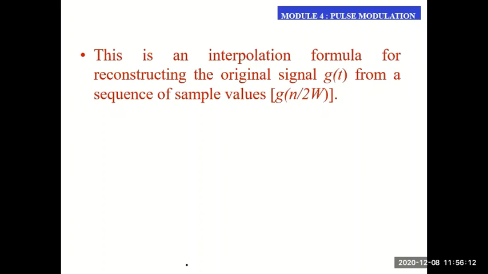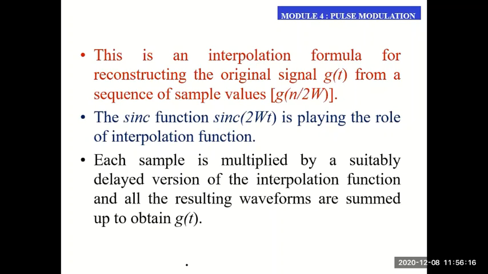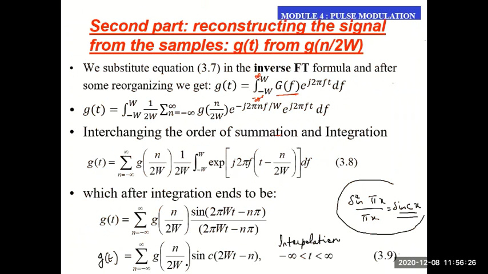From the samples, we are getting back the function. So that sinc function acts like the interpolation function. And every sample is multiplied by a delayed version of this sinc. As you can see in this expression, every sample g of n by 2w, as n changes, if g of 1 by 2w, 2 by 2w, whatever, each sample gets multiplied with different delayed versions of sinc.